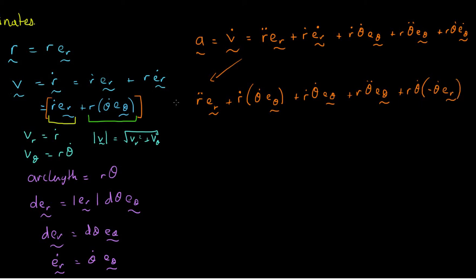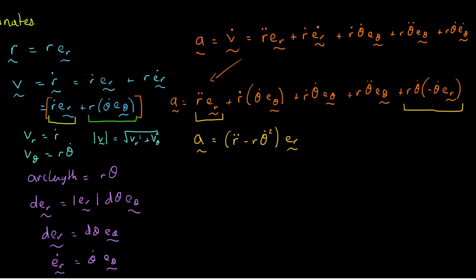So now we're going to collect terms, and so we can say that a vector is equal to, so in our r direction we have this term, and we also have this term. So that's equal to r double dot minus r theta dot squared, and that's in the e r direction.